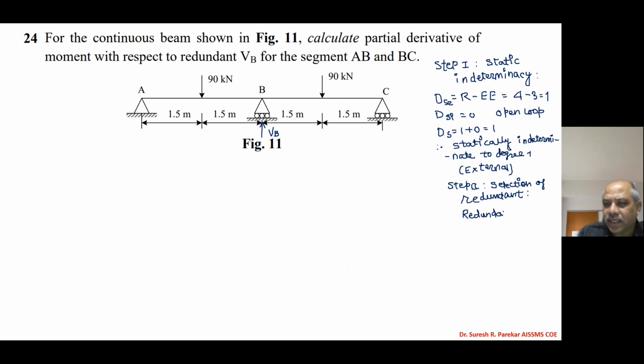They have already mentioned it. So the redundant we take is VB. Now we have to decide whether to go from left or from right.